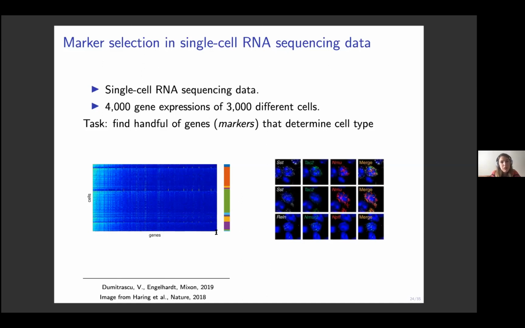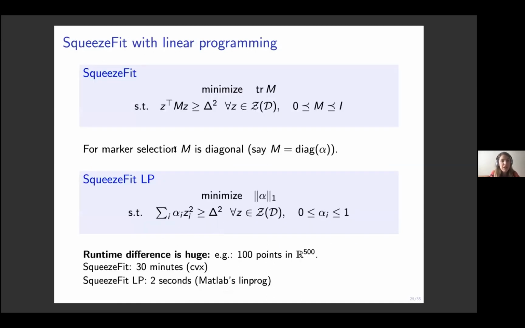So you can think of it as a projection to 20 elements of the canonical basis. So the projection that you're looking for in marker selection is actually a diagonal, right? So you can think of it as a linear program.